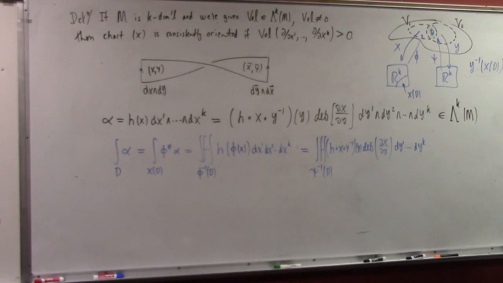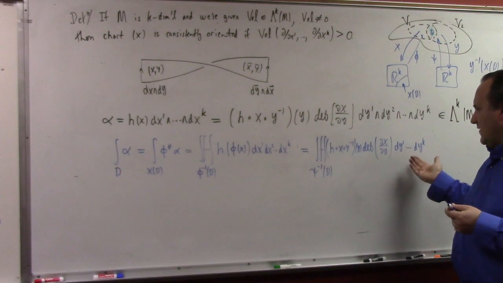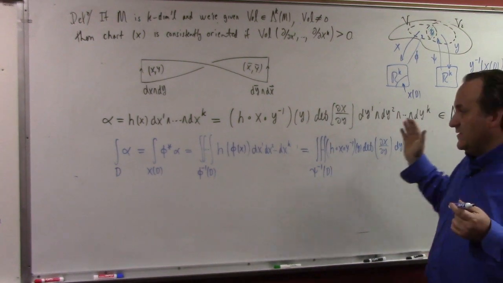So the point of all this is, if I'm going to calculate a k-form's integral, according to the definition I introduced last time, I'm going to have an issue with the calculation being coordinate dependent if I'm not careful. See, this is just a calculation we just did.